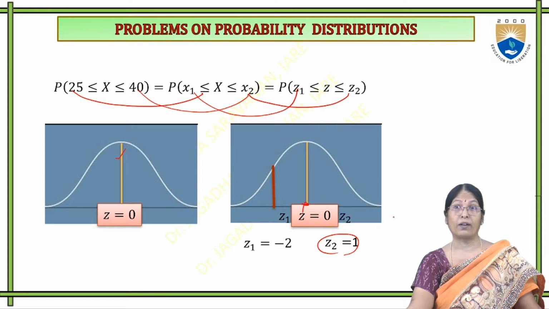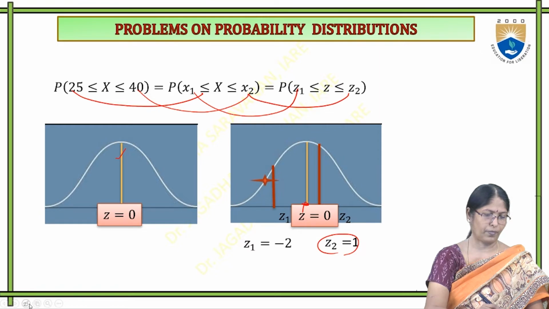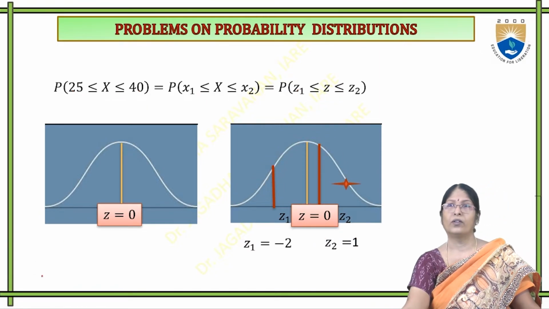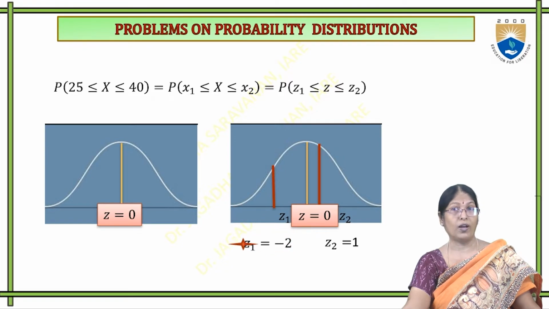It should be right to z equal to 0. It should be placed. So we placed it correctly, and so that's what here the bell shaped, and so we can see it minus 2 z1 and positive, and it is placed on the right side.